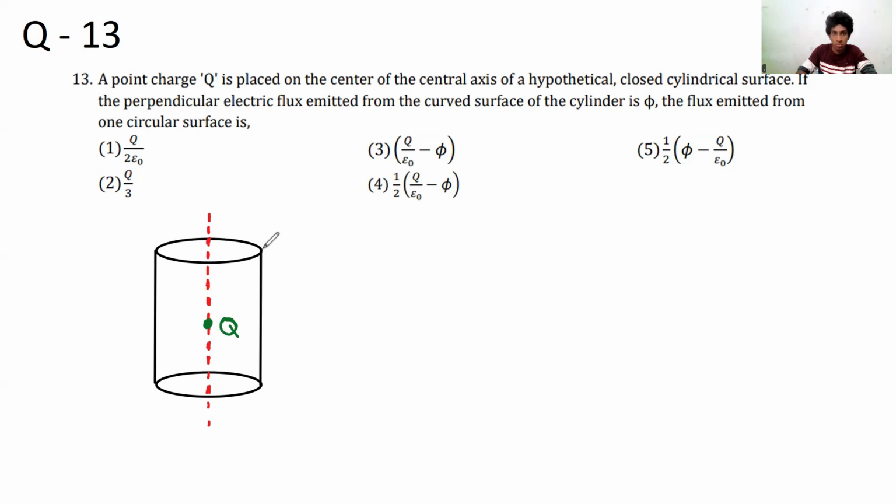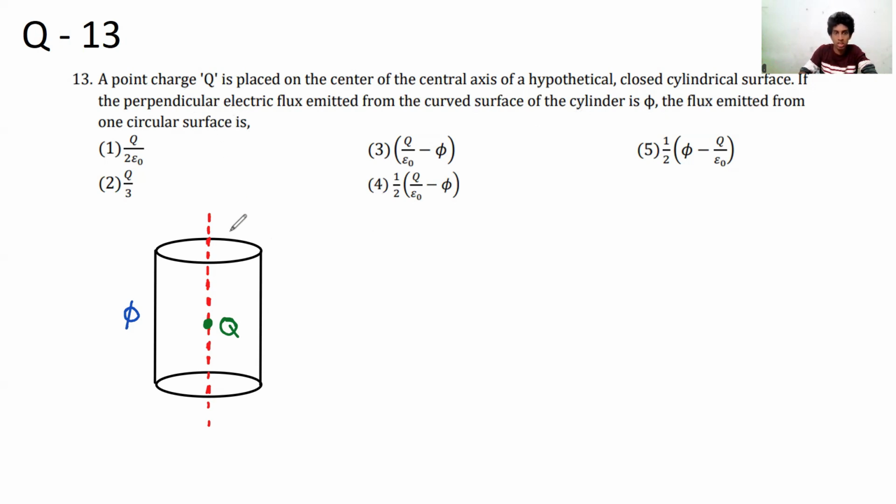So the curved surface of the cylinder is this, and there are two circular surfaces for a cylinder. So these are the two circular surfaces of the cylinder. So they have given that the perpendicular electric flux emitted from the curved surface of the cylinder is psi. So let's take that as psi. And they are asking for the flux emitted from one circular surface.